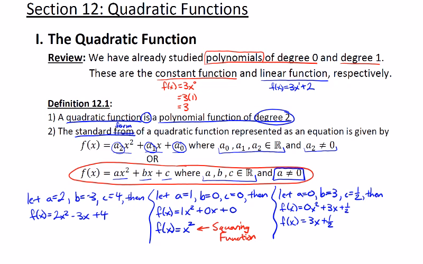That's mx plus b. That's a linear function. So when we allow a to be 0, we no longer have a quadratic function, but rather a linear function. So it is absolutely critical that we have the statement a can't be 0, so that way it guarantees that we do have a degree 2 equation. Otherwise, it will reduce down to just being a degree 1 equation.